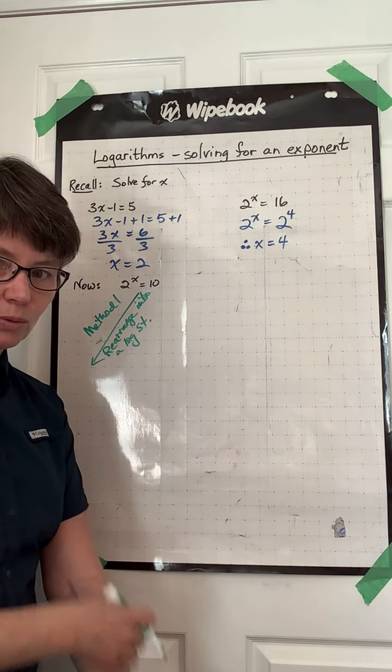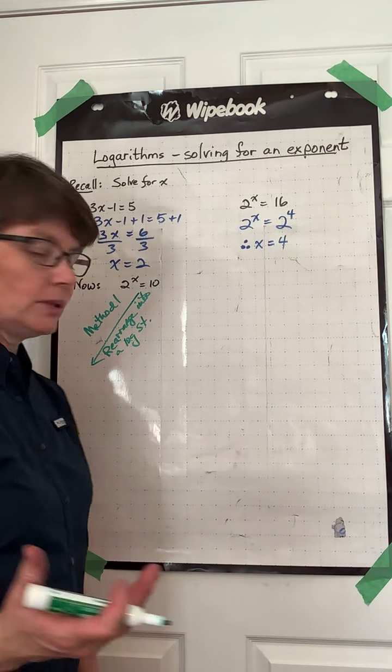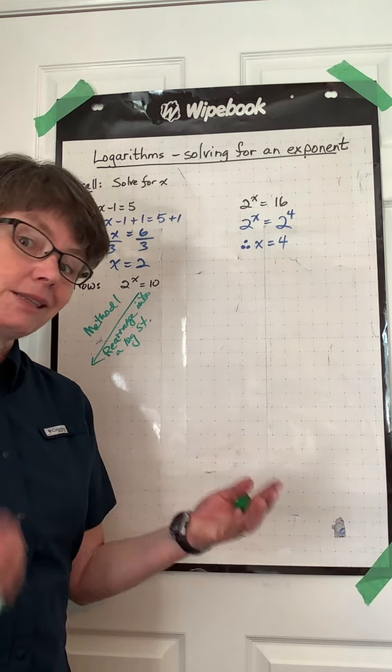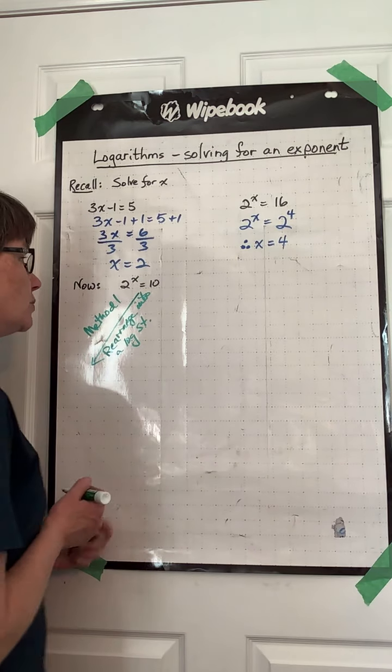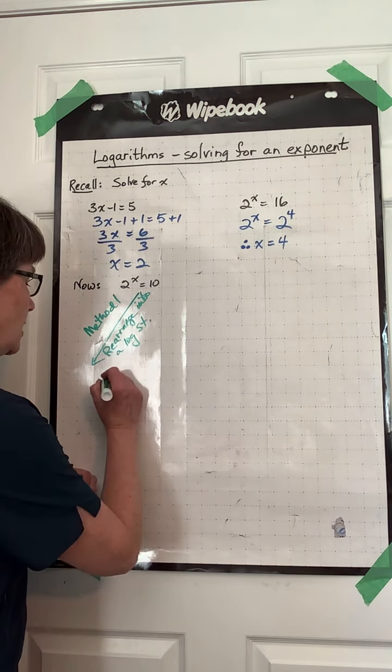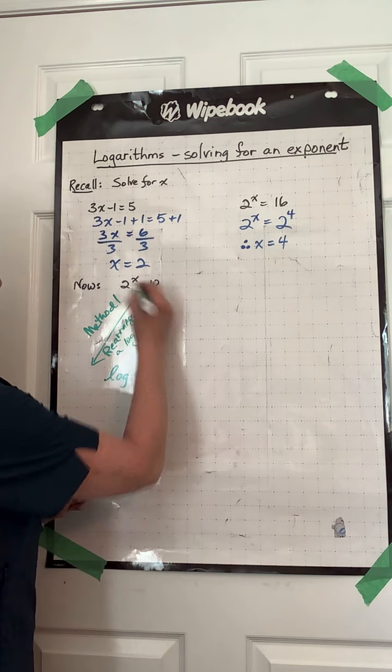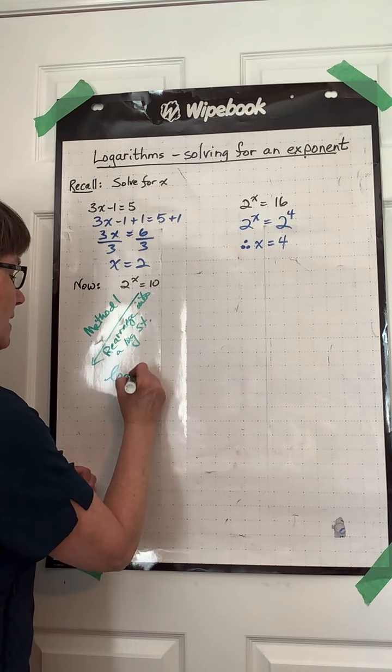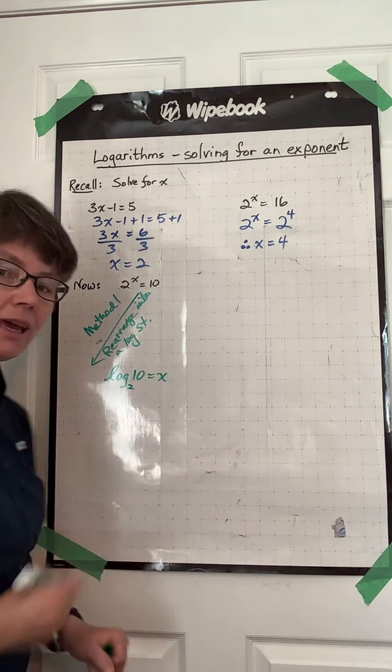We had 6 tools altogether to deal with logarithms, and change of base made 7. So here's one of our tools, rearrange from an exponent statement into a log statement. So let's do that. Log base 2 of 10 is equal to x.